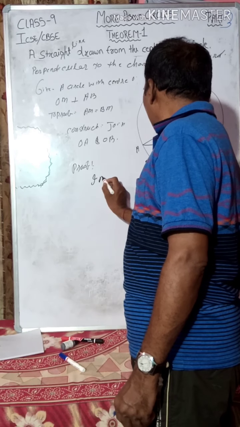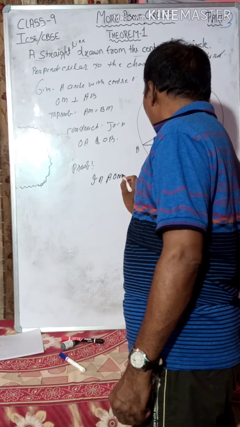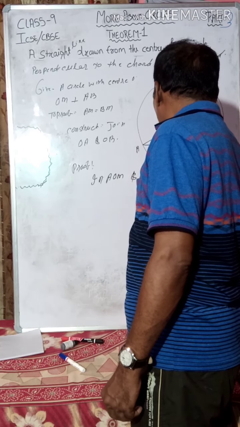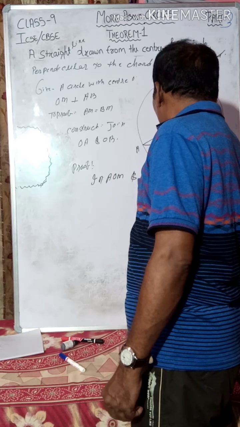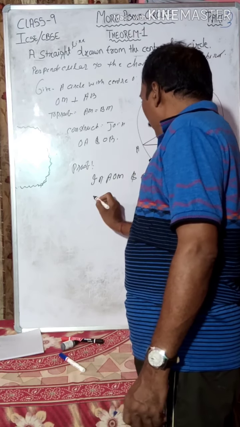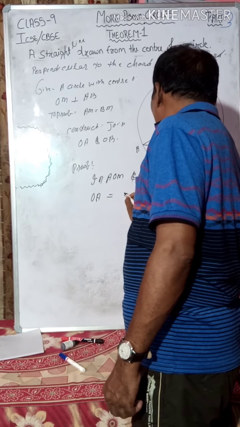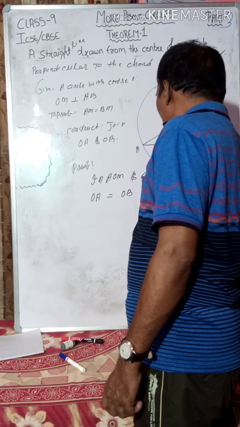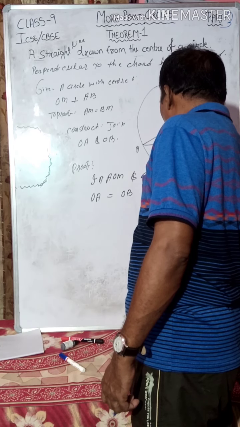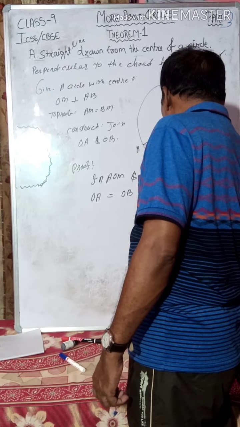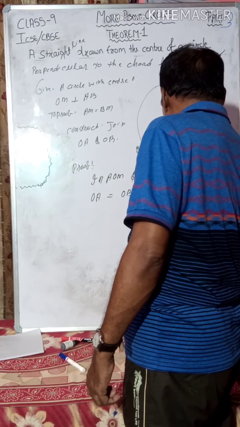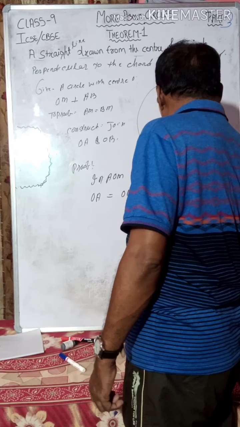In triangle AOM and triangle BOM, OA is equal to OB, radius of the circle.